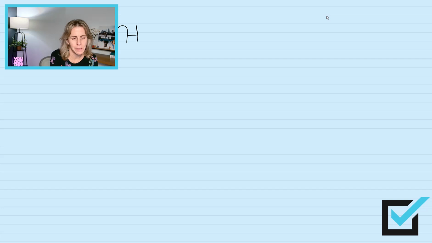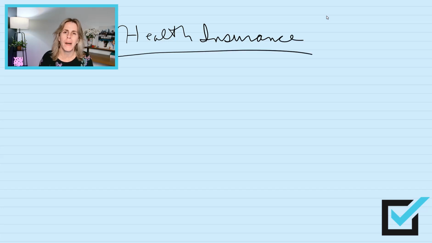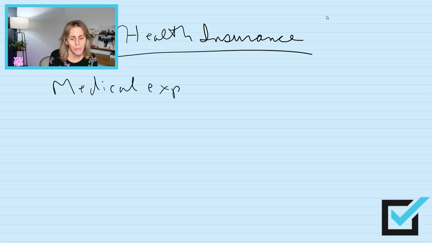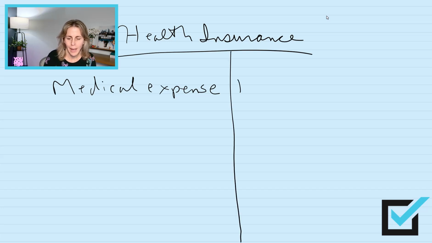In this video, I'm going to talk a little bit about health insurance underwriting and how it all works today. So when you apply for your health insurance, the first question that I will ask is, what kind of policy are you buying? We have broad categories of health insurance. We have medical expense policies. We have disability income.